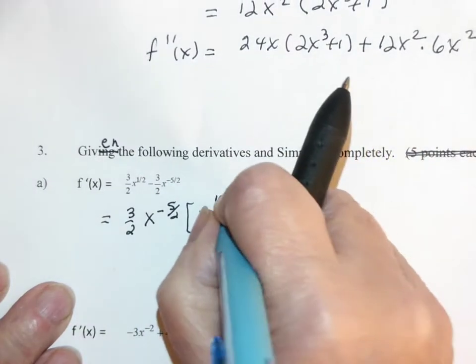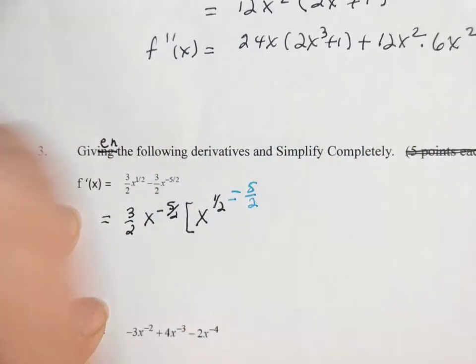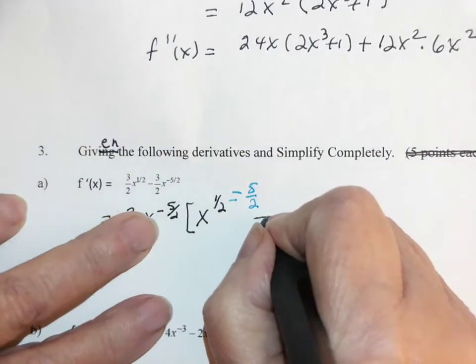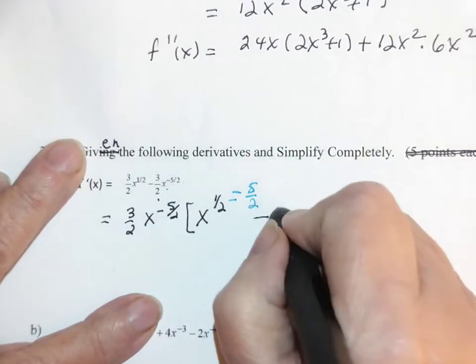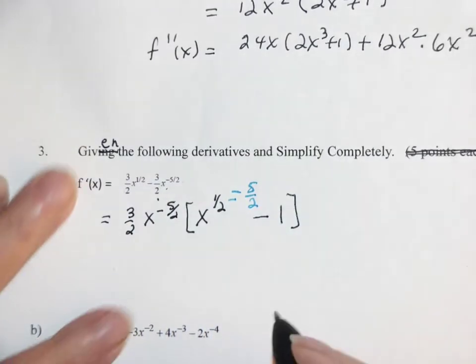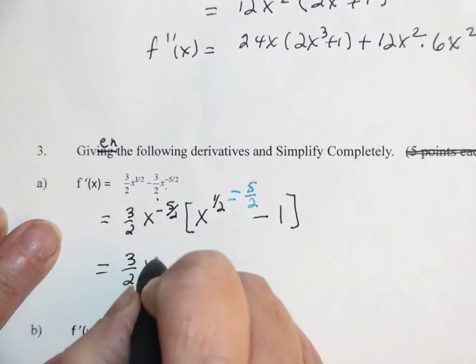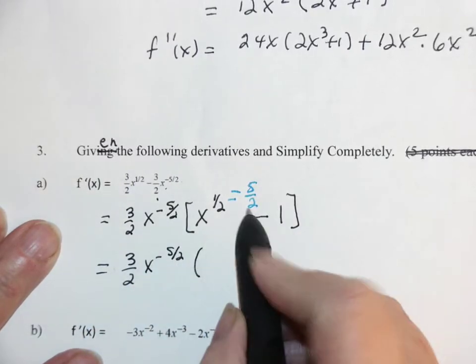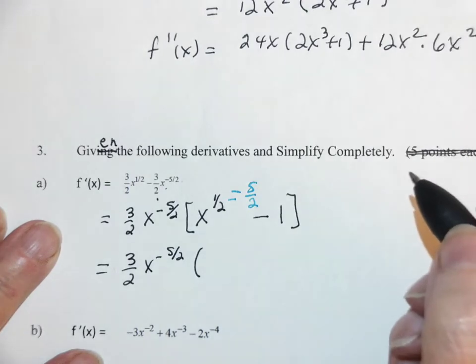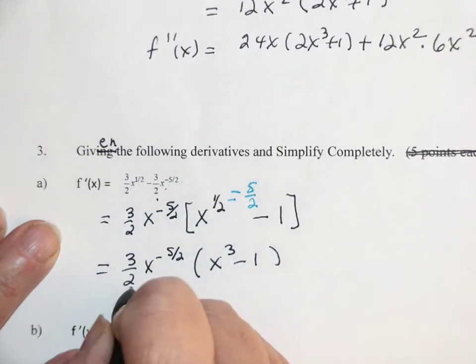I am removing a negative 5 halves, minus, I'm taking the 3 halves, I'm taking the negative 5 halves, that leaves me with a 1. So this is going to be 3 halves x to the negative 5 halves times minus and minus plus 6 halves is 3, x cubed minus 1.